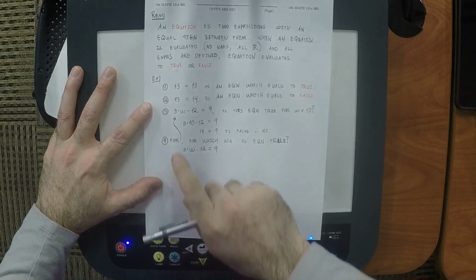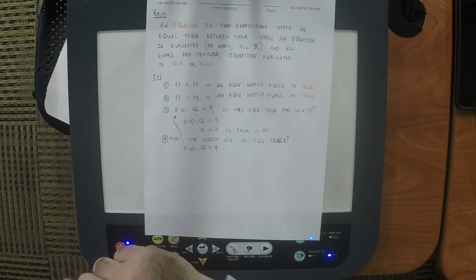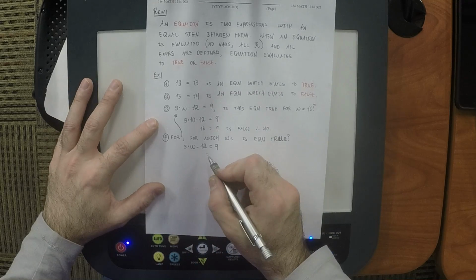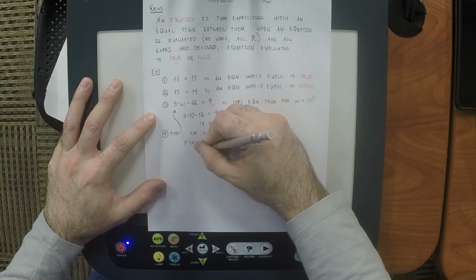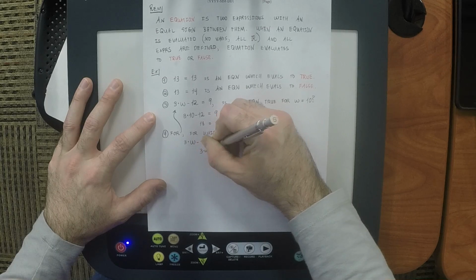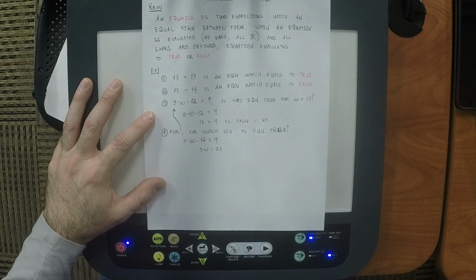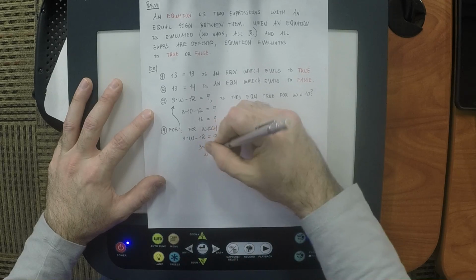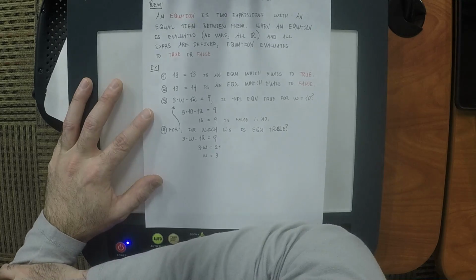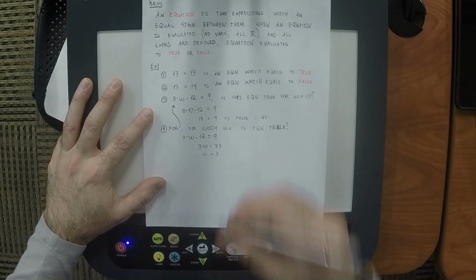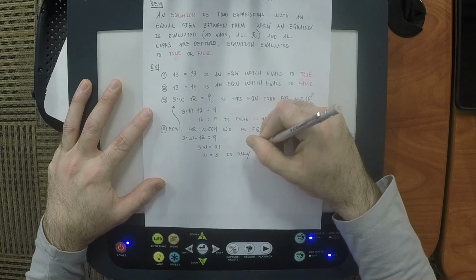So we could perform a sequence of operations to isolate W. What could we do? Add 12, so that we have 3W is 21, and then divide by 3 so that W is 7.